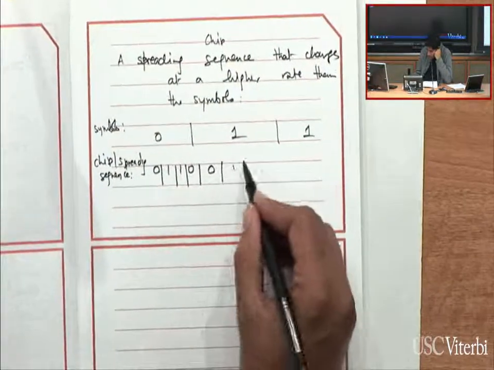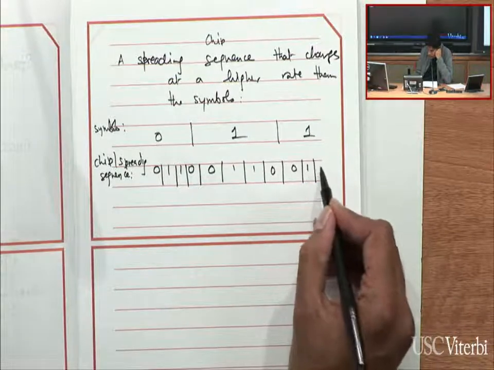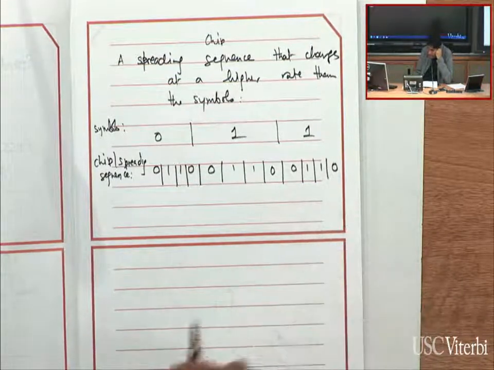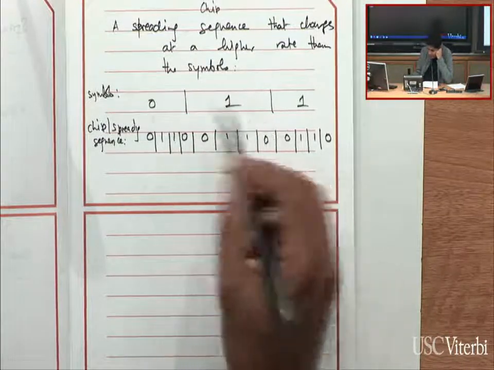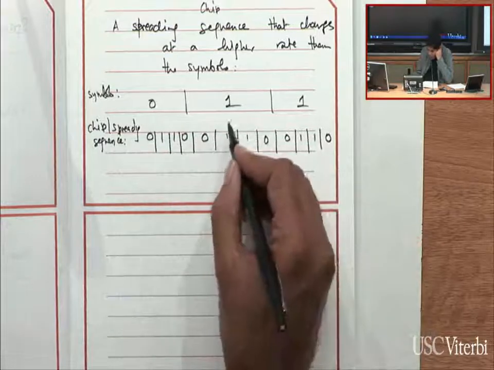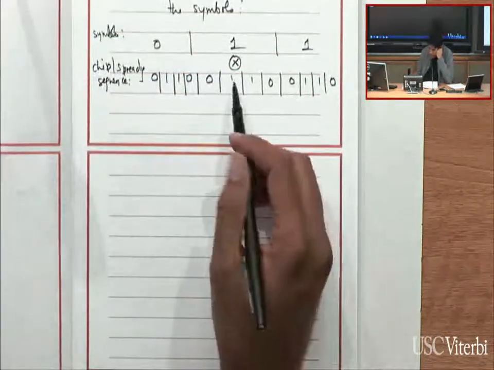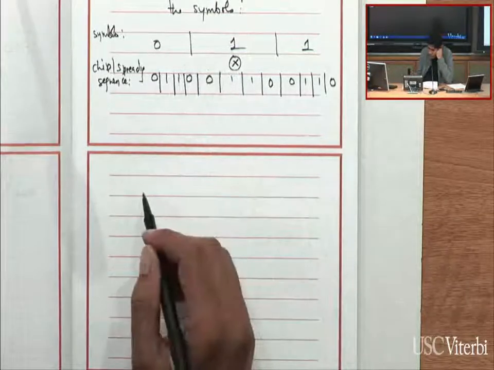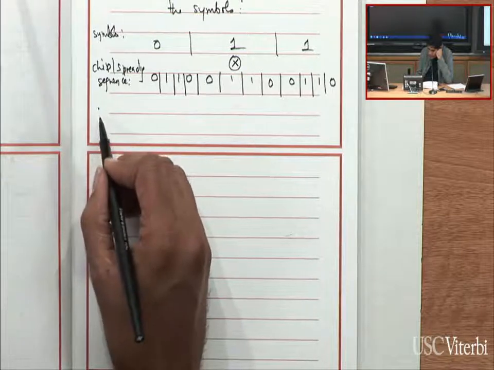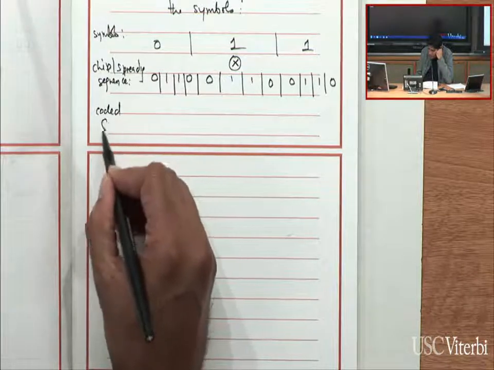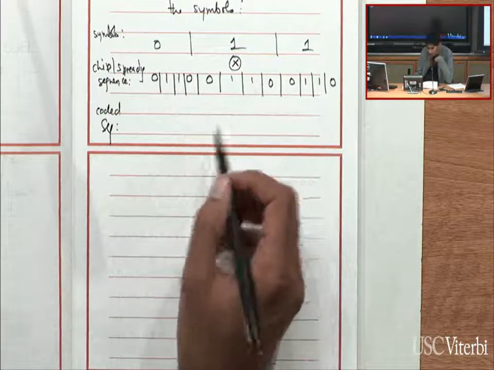So I'm just giving a very naive example to give us the idea. So what you output is basically some combination of your original symbol and the spreading sequence, and often you can think of it as just an XOR of the two symbols. So what you actually send is this sort of coded sequence, if you will, that is the XOR of both of them.